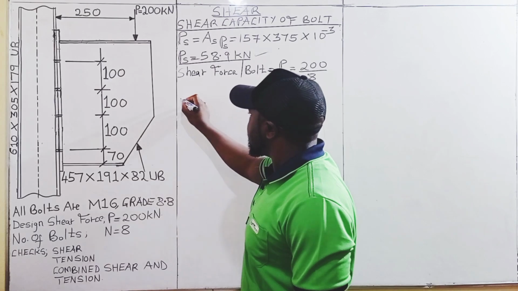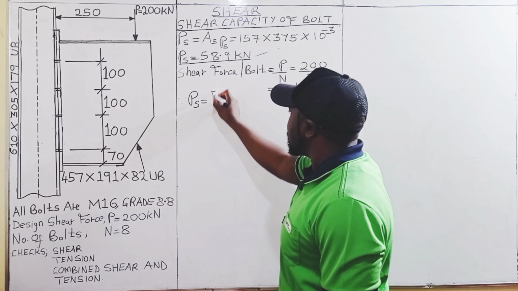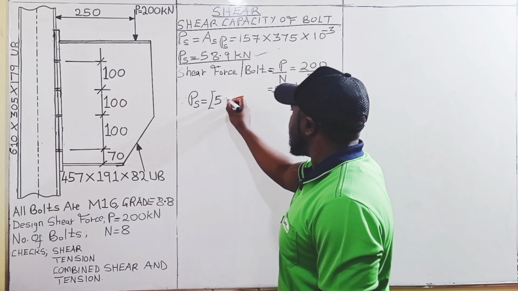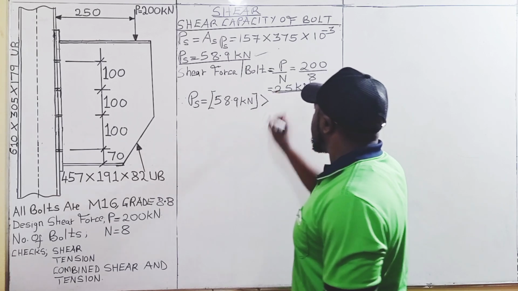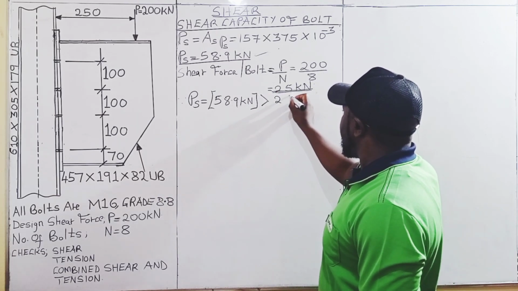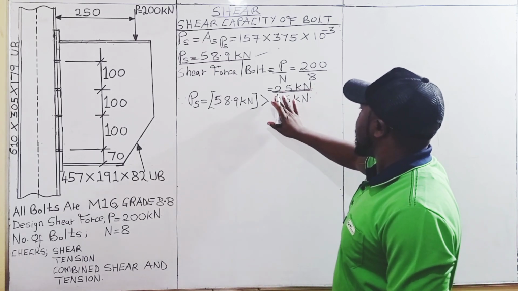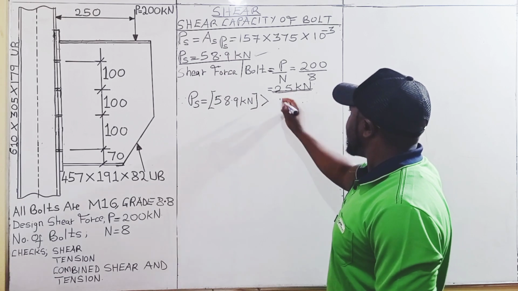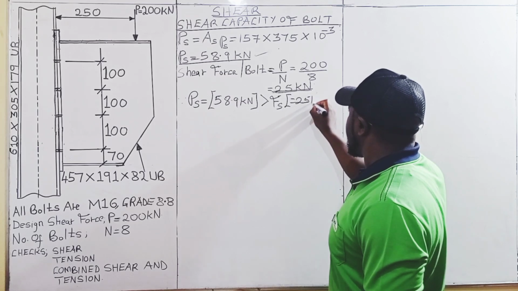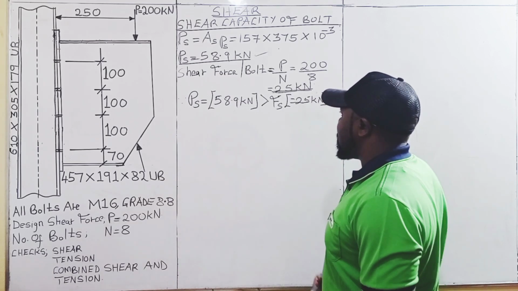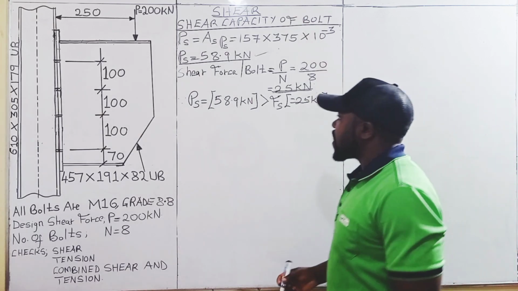Since Ps, the shear capacity of the bolt, that is 58.9 kilonewtons, is greater than 25 kilonewtons, which is the shear force per bolt, denoted by Fs, it means that the bolts are satisfactory when it comes to shear.